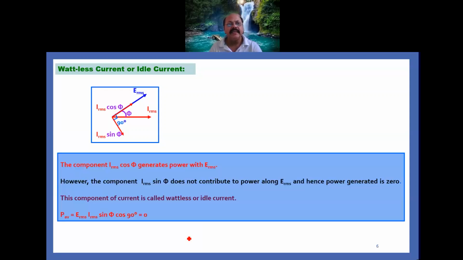From here we get that the component IRMS cos phi generates the power with ERMS. However, the component IRMS sin phi does not contribute to the power along ERMS. Hence, the power generated is 0. So this component of current is called wattless or idle current. Mathematically, you can see P average equal to ERMS IRMS sin phi and cos 90, which is equal to 0. So this is about wattless current or idle current.